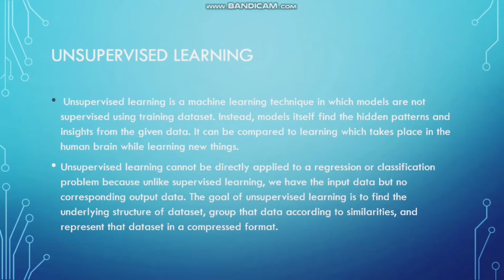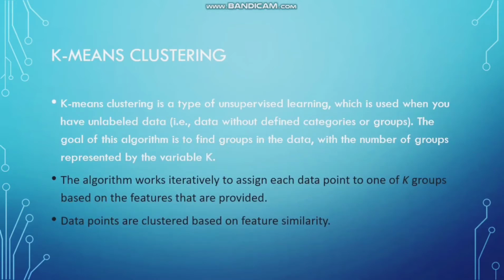Unsupervised learning is a machine learning technique which finds the hidden patterns present in the data set and learns from itself. Talking about the k-means clustering algorithm: for customer segmentation, there are different algorithms, and k-means clustering is one of the most basic techniques in unsupervised learning.